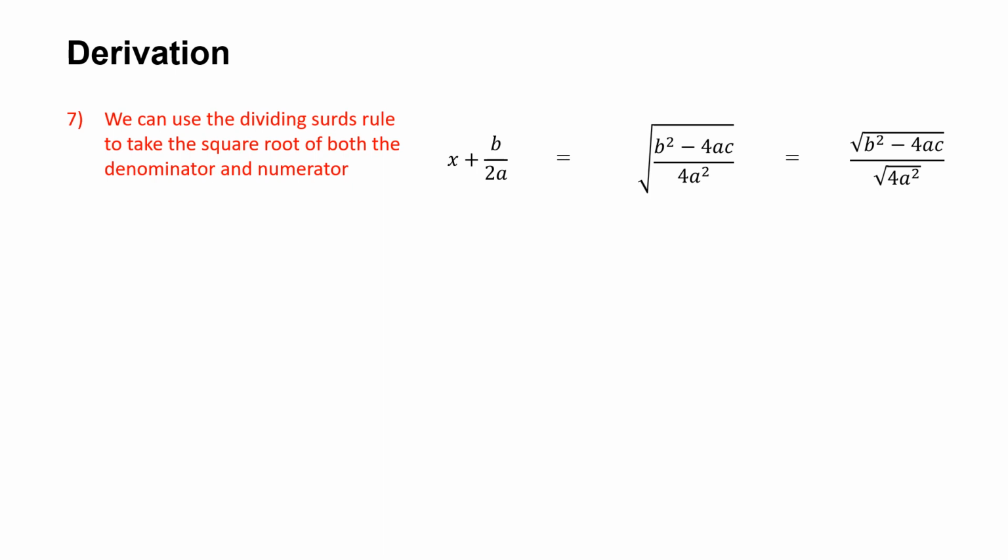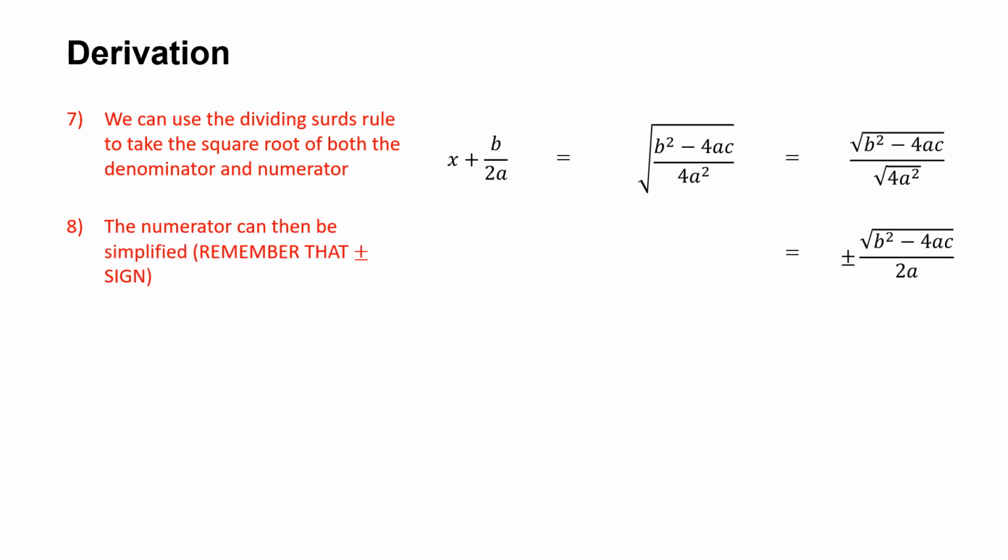So the root of b squared minus 4 times a times c over 4a squared can be rewritten as the square root of b squared minus 4 times a times c divided by the square root of 4a squared. So when we simplify this, we have the square root of b squared minus 4 times a times c, and then this square root of 4a squared is actually just 2a. And don't forget the plus or the minus sign, because obviously when we take the square root of something, it can be the plus or negative version of that number.